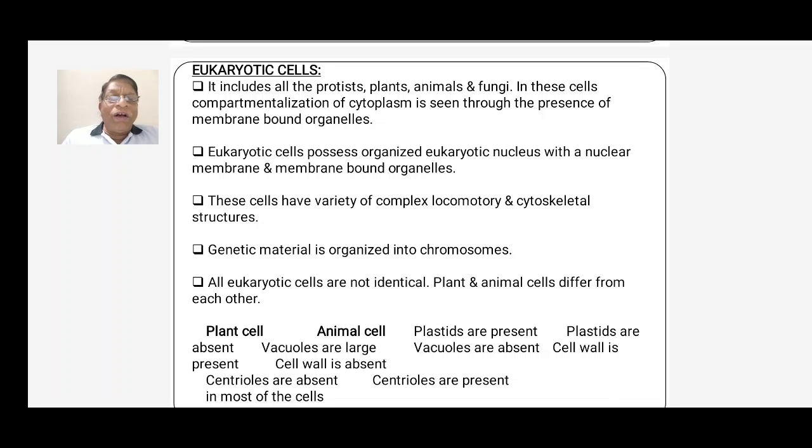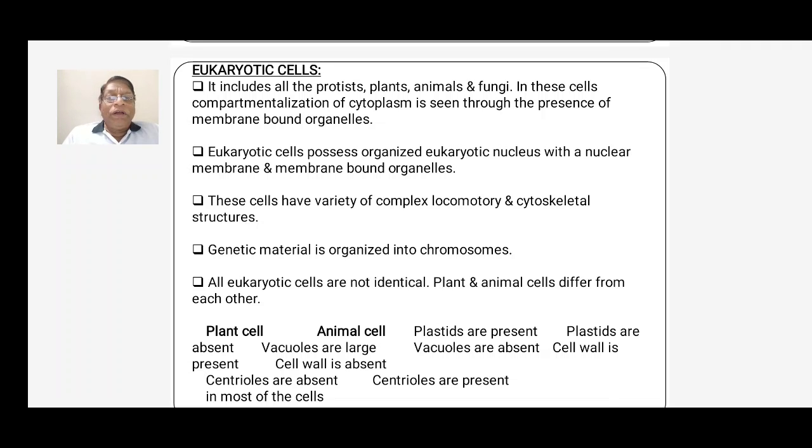They are mitochondria, Golgi complex, in case of plant cells the plastids, endoplasmic reticulum, ribosomes, lysosomes, glyoxysomes or peroxisomes, and centrosome in animal cells. We find the cell organelles.